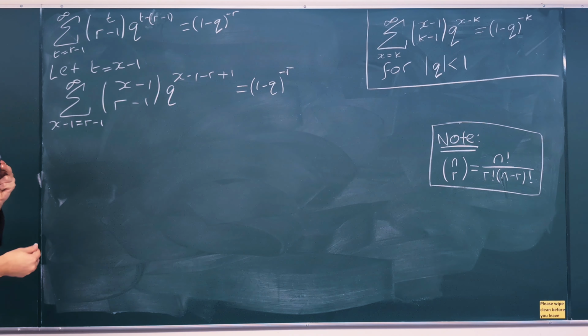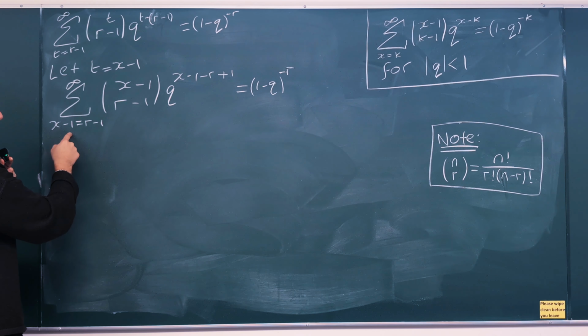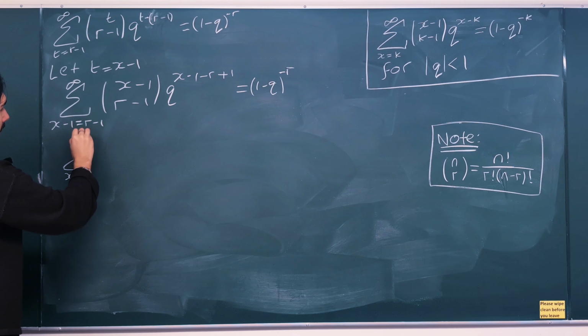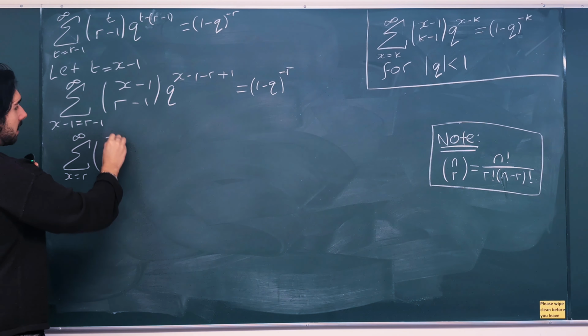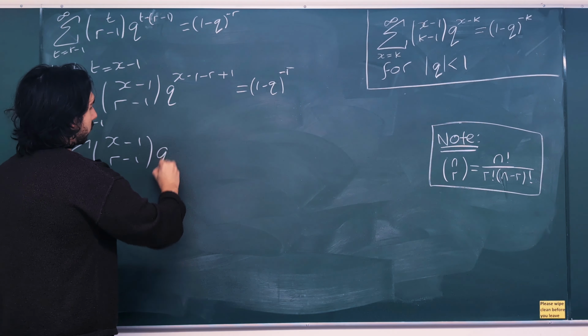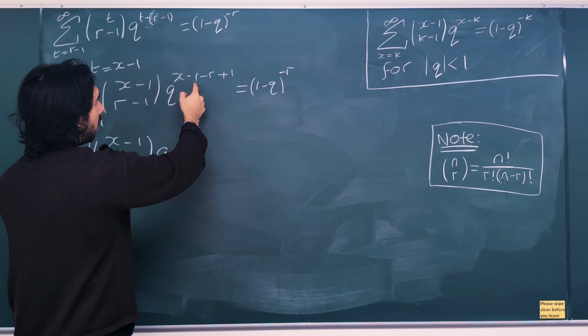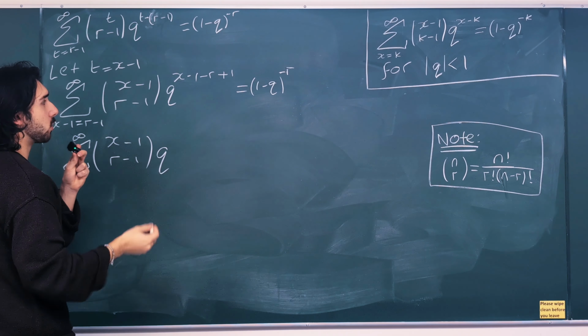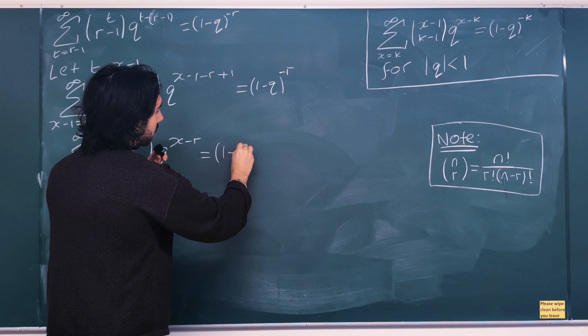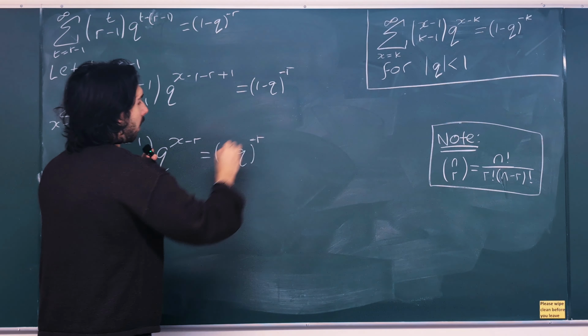Okay, cool. Now we can just rearrange. So the sum from x minus 1 equals r minus 1, that's just x equals r to infinity. X minus 1 choose r minus 1, that's fine as it is. And then we've got q to the power of x minus 1 minus r plus 1. That's obviously just x minus r, and that's equal to 1 minus q to the power of minus r.